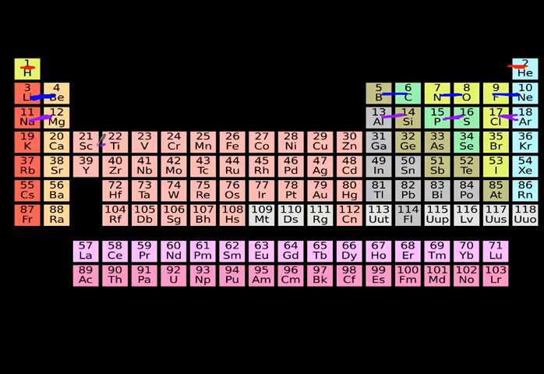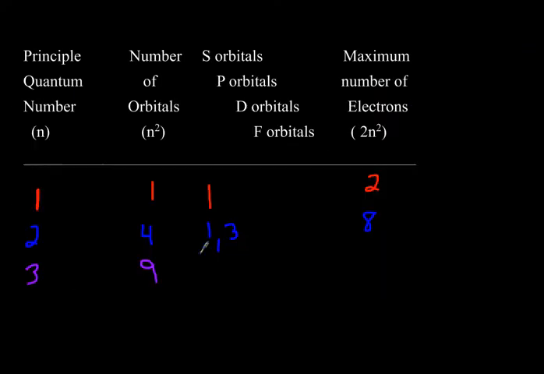So that's 4, 5, 6, 7, 8, 9. So there's 9 total orbitals. So we had 1 orbital in the s, 3 orbitals in the p, and 5 orbitals in the d. 5, 6, 7, 8, 9. So that adds up to 9. That works out. So 9 times 2, that should have been 18 elements across.